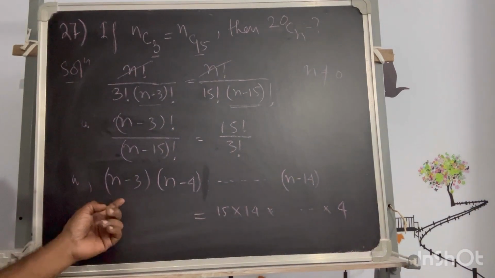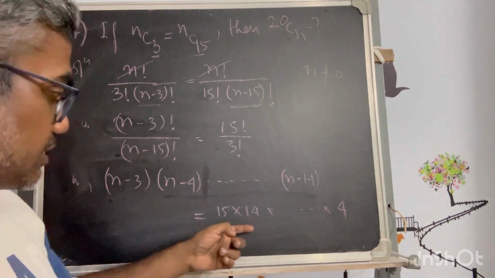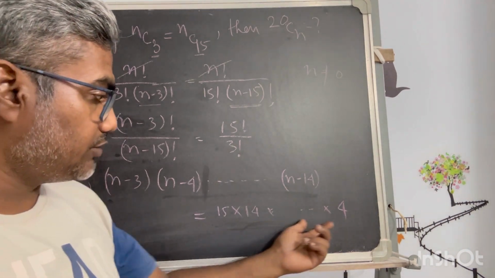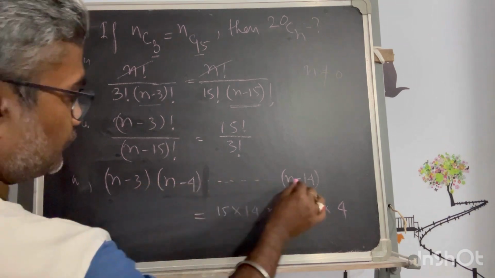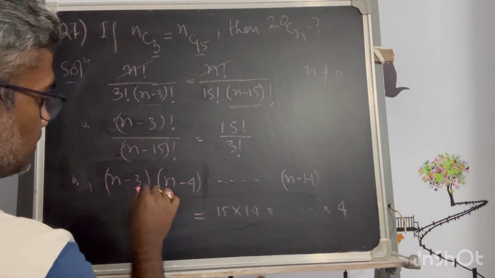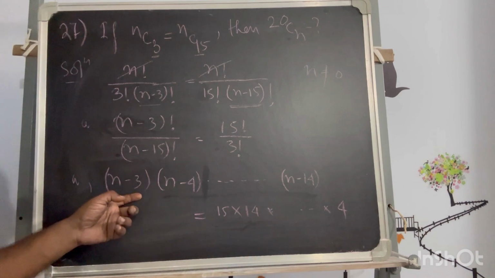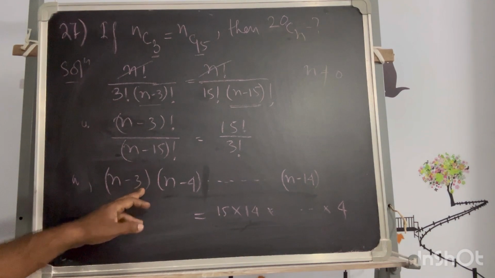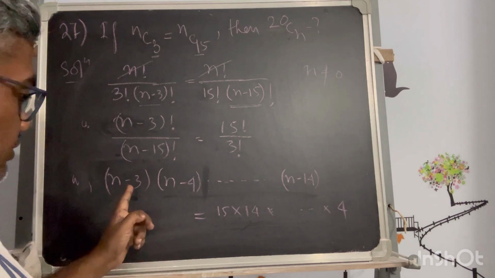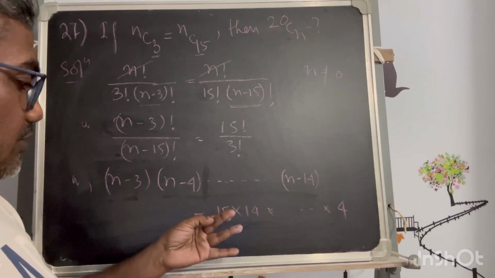Now as these natural numbers when multiplied give the same result, and these are also reducing by 1, and the number of terms here, from 3 to 14, is 12 terms: 3, 4, 5, 6, 7, 8, 9, 10, 11, 12, 13, 14.